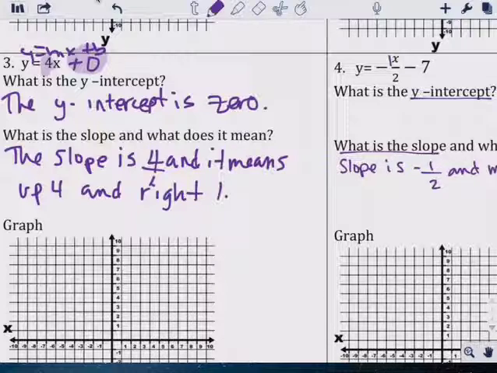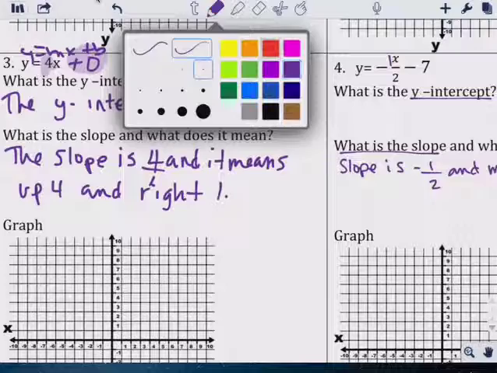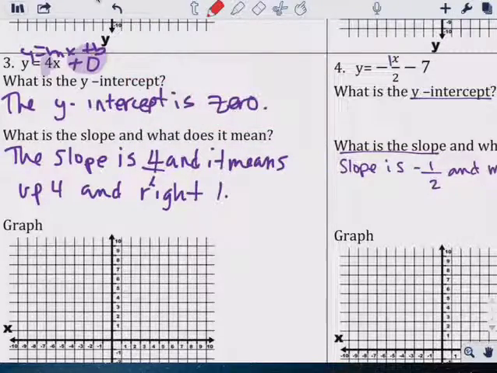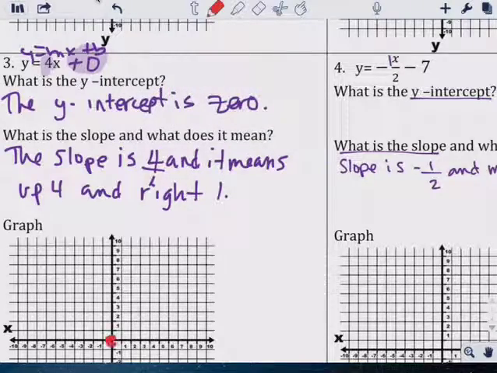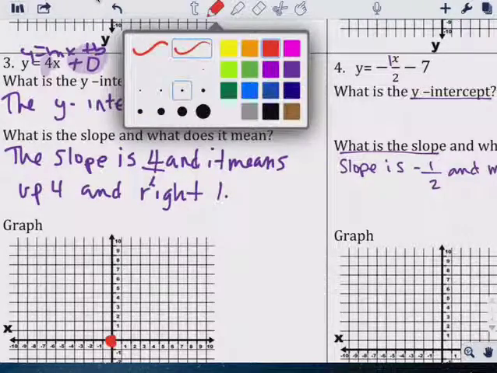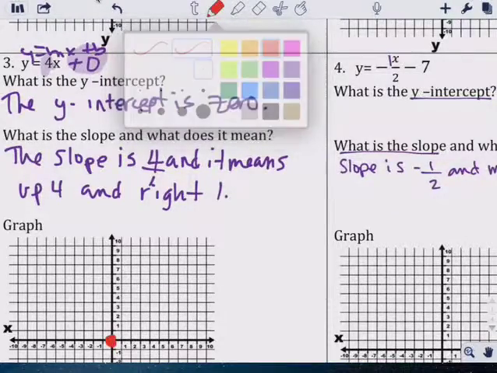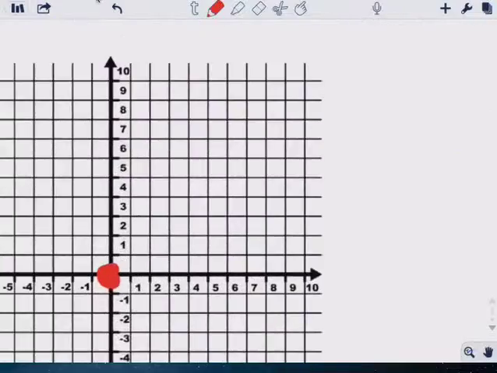Okay, so the y-intercept is at 0. Right there. And from there, you go up 4, right 1.